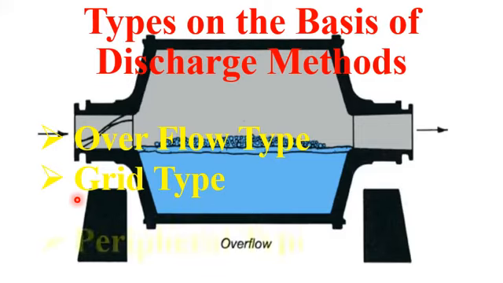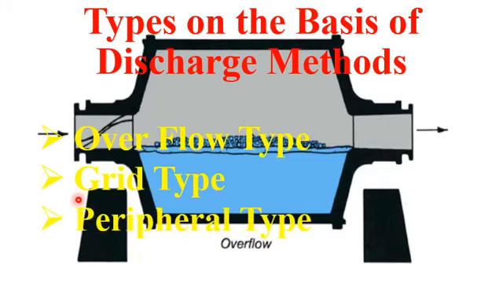Third type of the ball mill apparatus based on discharge method is known as peripheral type of ball mill apparatus. Okay, so it is clear from the word peripheral that in this type of ball mill machine or apparatus, the final product is discharged around the cylinder of the ball mill apparatus.